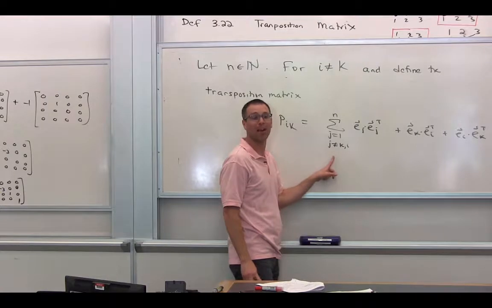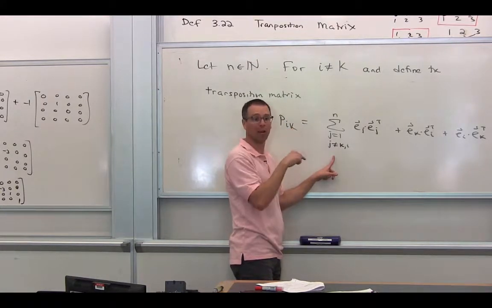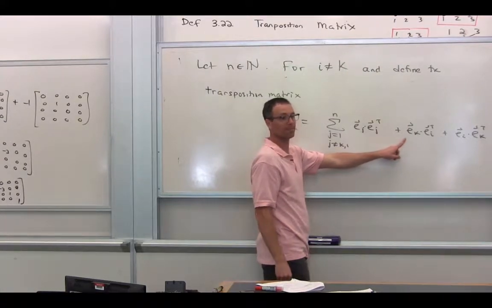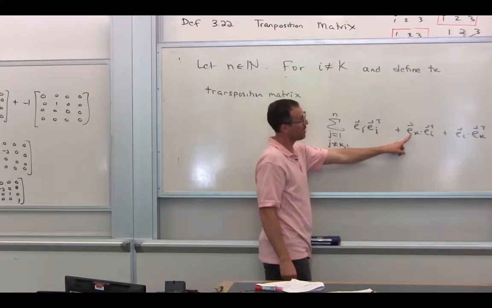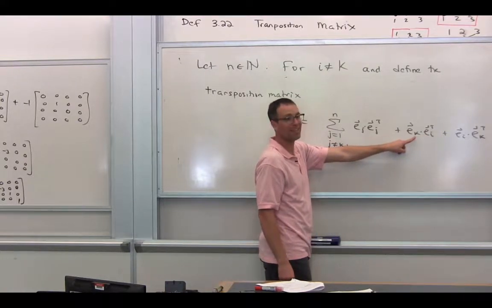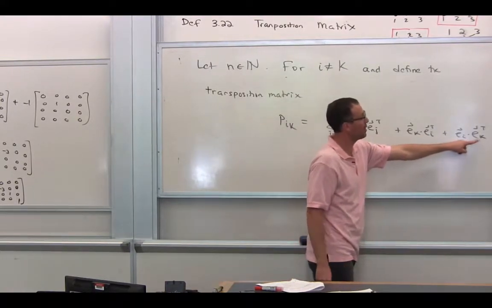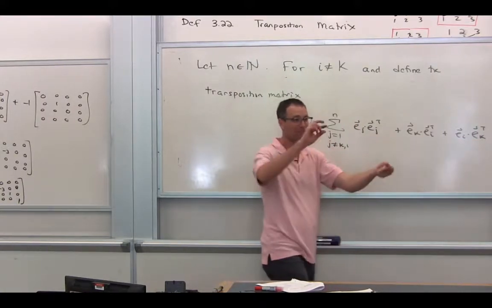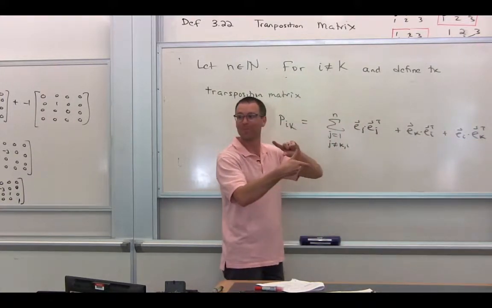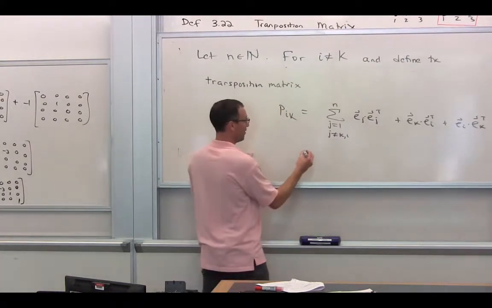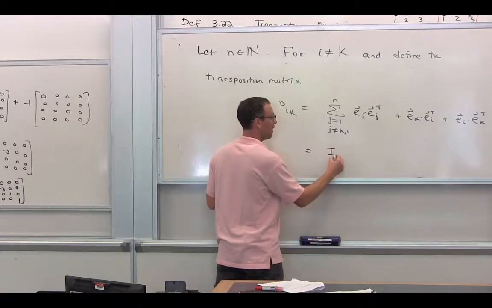I'm not allowed to add 1s in row k or row i. Then what do I do? In row i I put column k, and in row k, I put column i. So what did I do? I swapped them.